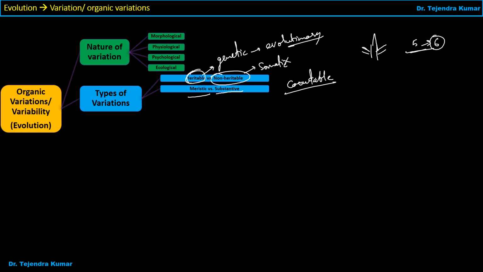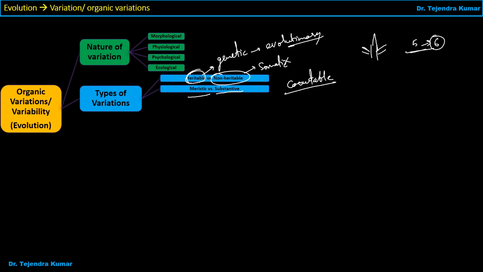Similarly, some persons have one more extra rib, meaning 13 ribs instead of 12. Sometimes an extra arm can be seen in starfishes, and some have an extra leg or extra toe.